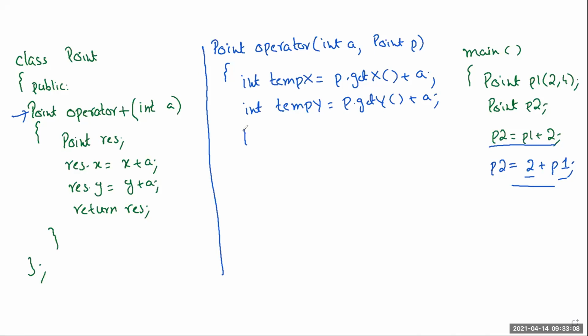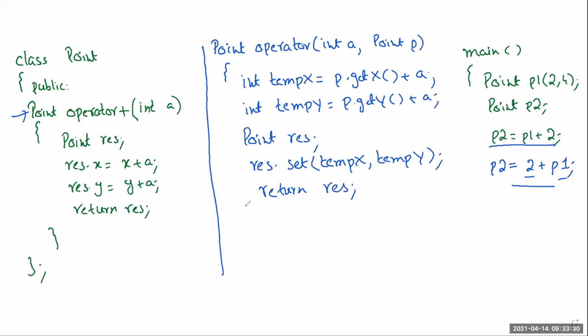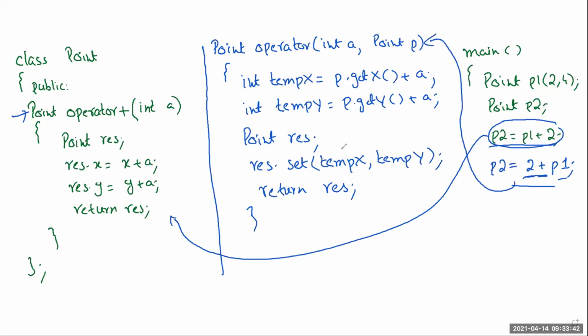And then you have point result, dot set maybe both the values, and then you write return result. Now if someone writes this, what will happen? This function will be called. And if someone writes like this, then this function will be called.